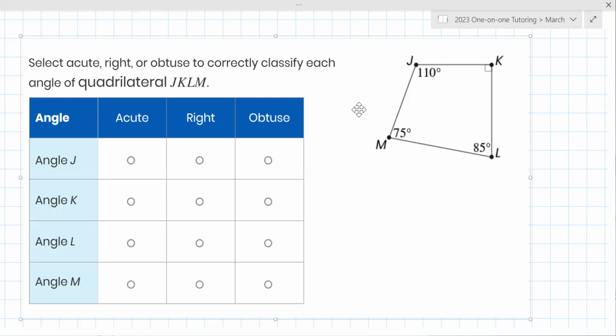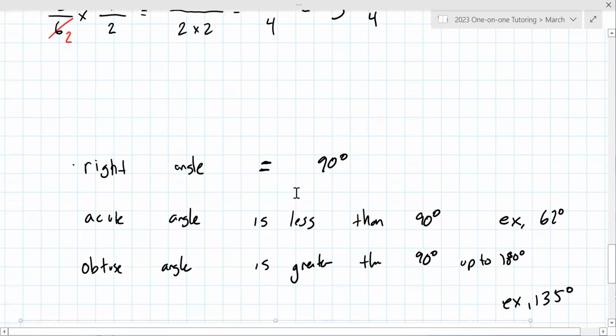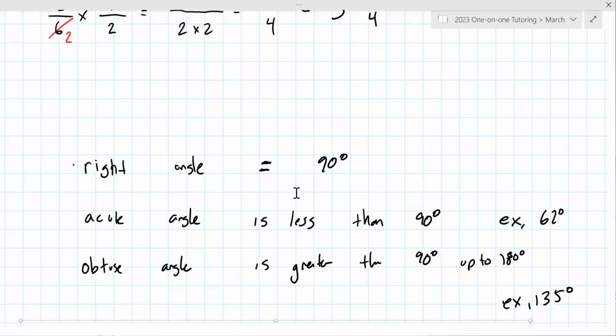Do you have those definitions written down from above here? No. Okay, can you write them down? Yeah. Okay. Done.